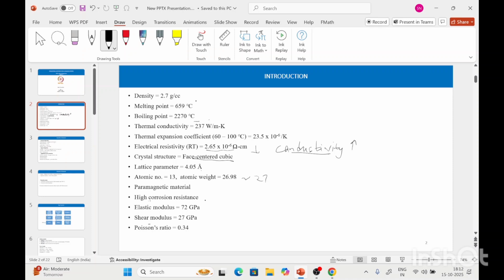It has very high corrosion resistance because it forms a very thin layer of alumina, Al2O3, on the aluminum surface, a few nanometers thick. That layer is very adherent to the surface, so it prevents further corrosion of the aluminum. Then its elastic modulus is 72, shear modulus is 27, and Poisson's ratio is 0.34.